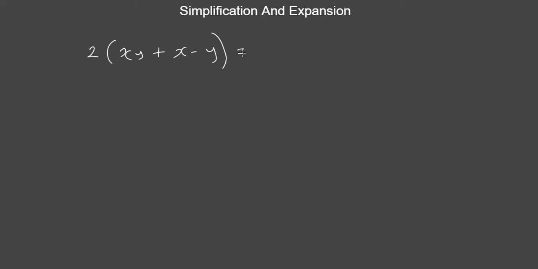So you take whatever you have here and you multiply it to each of these items. So you say 2 times xy plus 2 times x minus 2 times y, and that you can write as 2xy plus 2x minus 2y. So that is how you expand.